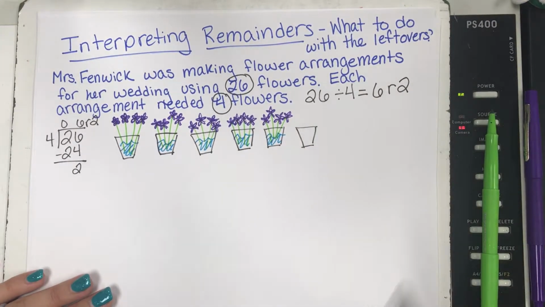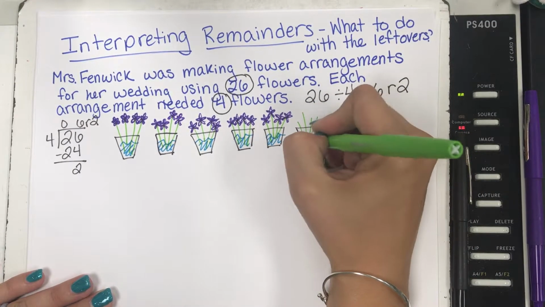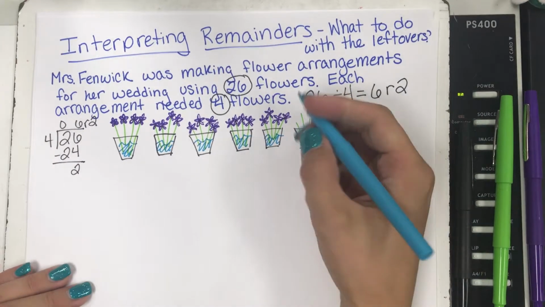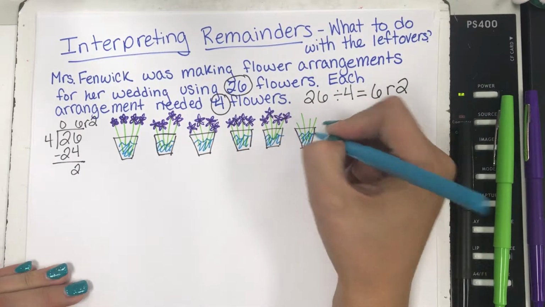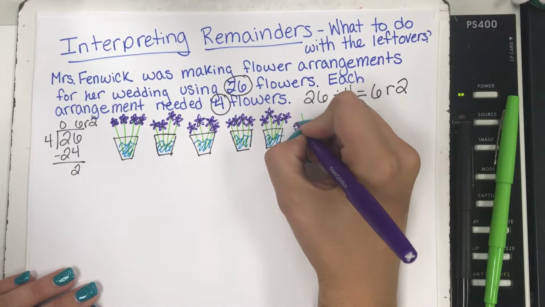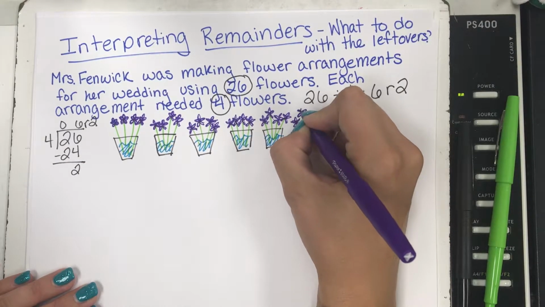So here's another vase. Okay. So now I've used 24. How many flowers did I say that I had? 26.